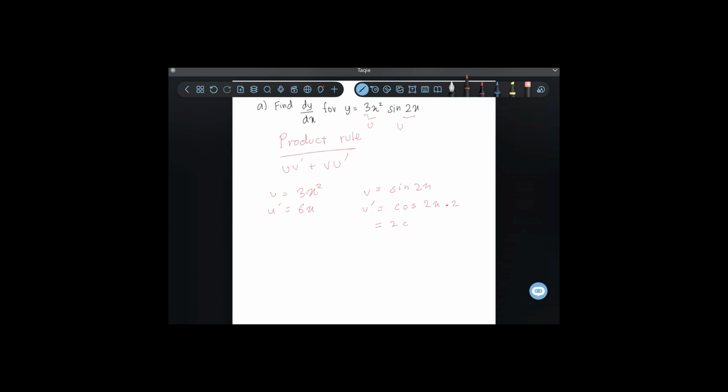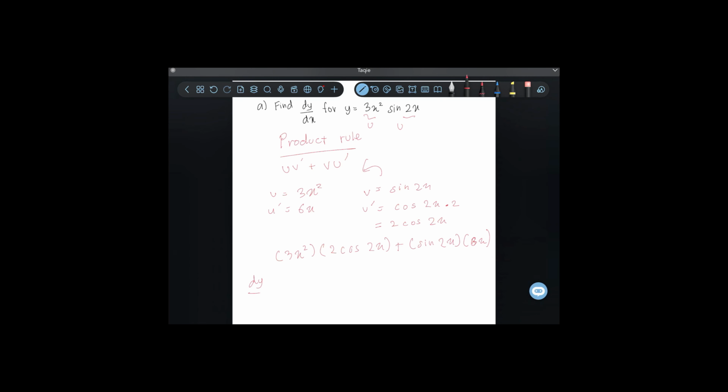The final will be 2 cos 2x. Then we just put the values inside this formula: 3x squared times 2 cos 2x plus sine 2x multiplied by 6x.